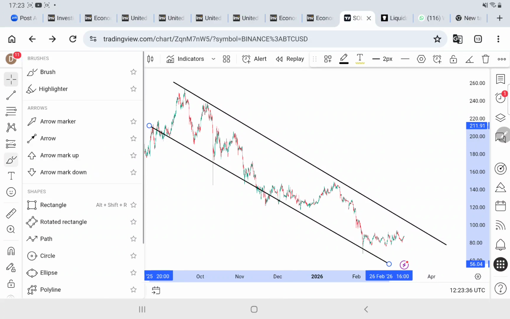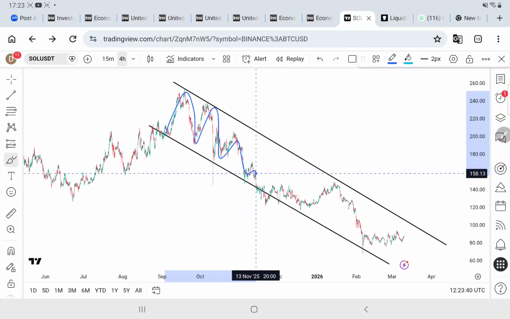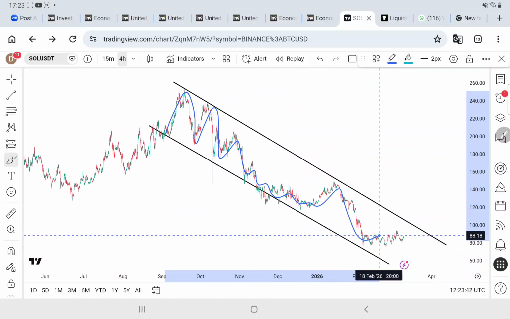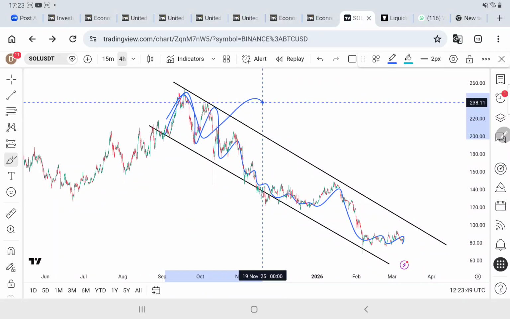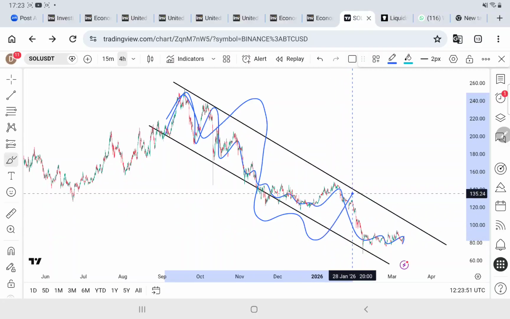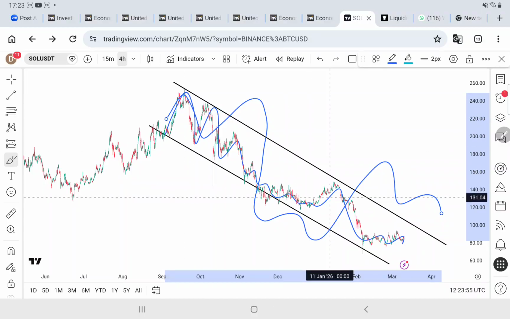Why in the world is the price pumping, dumping? It's dumping, but why is it consolidating inside this very symmetrical channel? I mean, it could have given us a pattern like this. Why is it not giving us a pattern like this? It's giving us this beautiful pattern in which it's dropping in a descending channel.